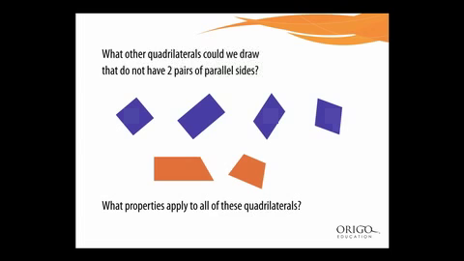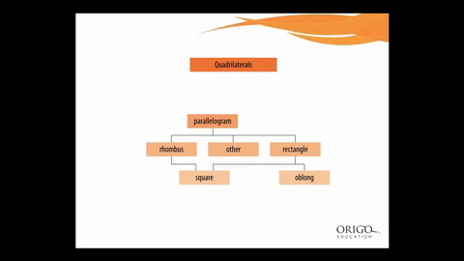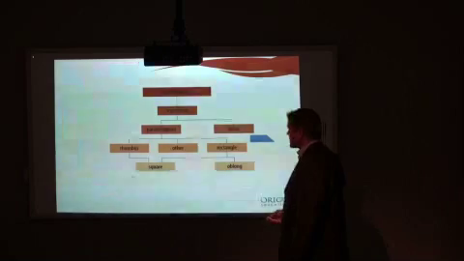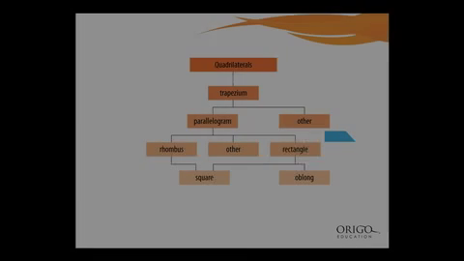So if I went back to this, that's what goes above there, it's a trapezium. So a trapezium is a quadrilateral that has at least one pair of parallel sides, correct? But there are some shapes that don't even fit that category.